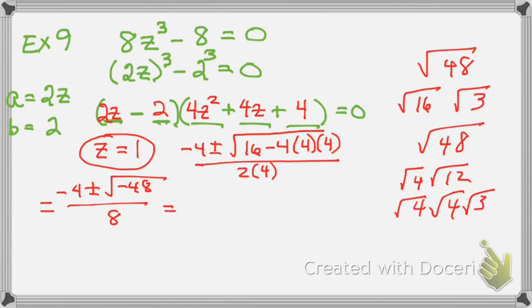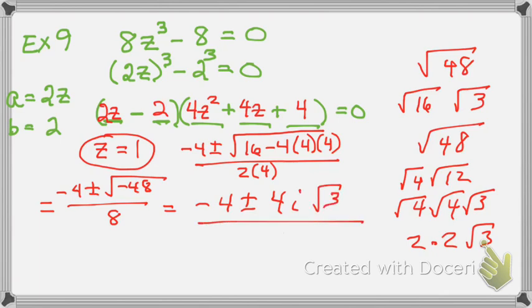So then you end up with a 2 times radical 3. So try and catch the high number, but if you don't, 4 radical 3 is what you would get either way. Now, since I have a negative in here, that means I'm going to have what on the outside? So negative 4 plus or minus 4i radical 3 over 8.